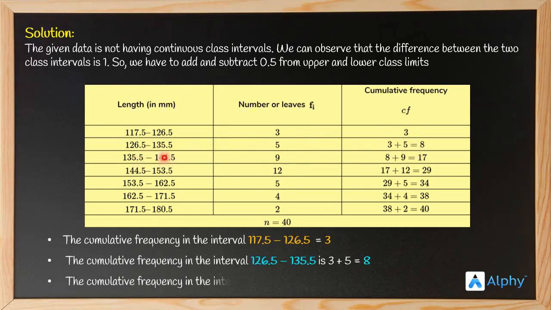And the cumulative frequency for the class interval 135.5 to 144.5 is 8 plus 9, which gives us 17. Similarly, we can find out the cumulative frequency for the rest of the class intervals. Now let's find out the median class as well as the values of L, CF, F and H.